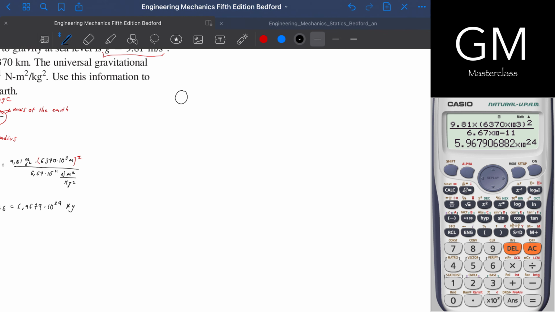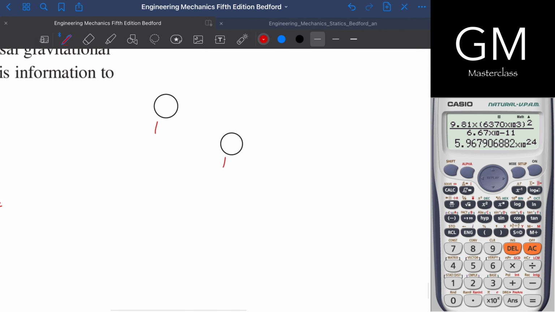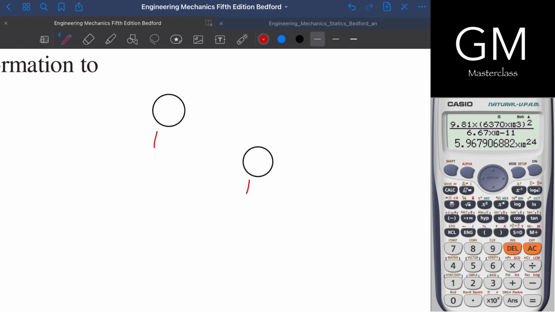When you have two particles, there is going to be a gravitational force between these two. Let's imagine that this particle is the number 1 and the number 2, and they are separated by a distance r.